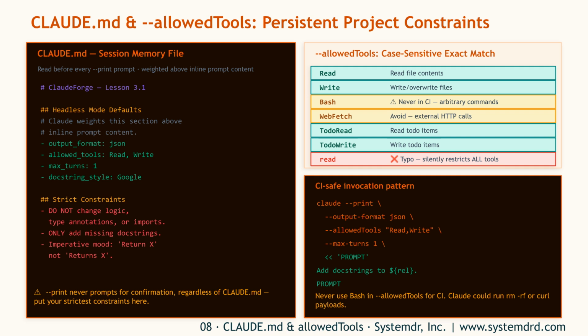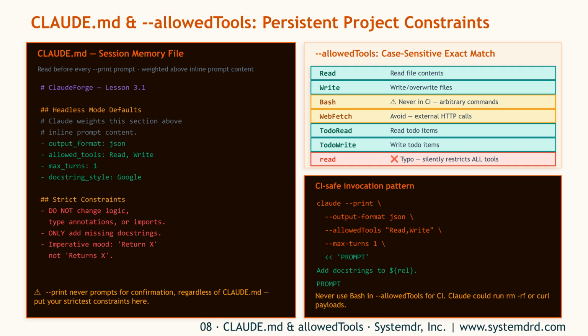The valid values are Read, Write, Bash, WebFetch, TodoRead, and TodoWrite. A typo like read, lowercase r, silently restricts all tools. Claude receives an empty tools list, can't read or write any files, and returns exit 0 with a message saying it can't help. Completely silent failure. Always test your tool allow list with a single file dry run before running a batch.